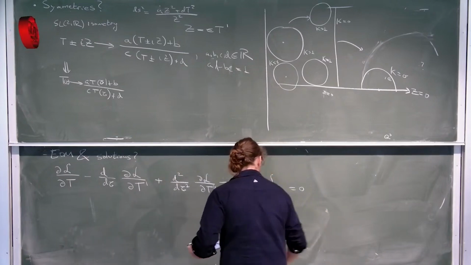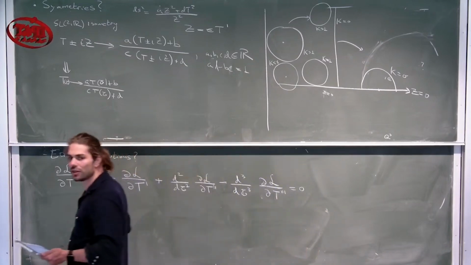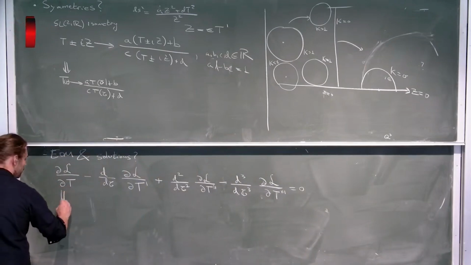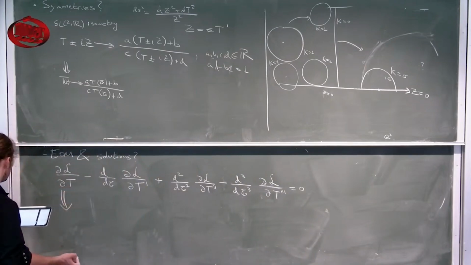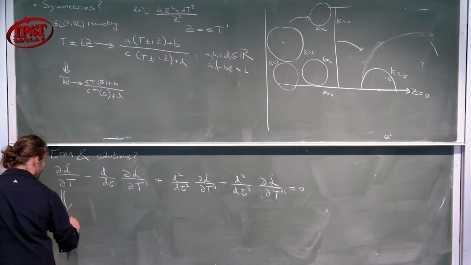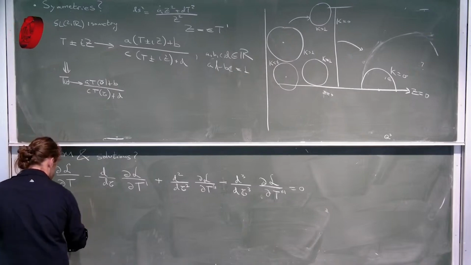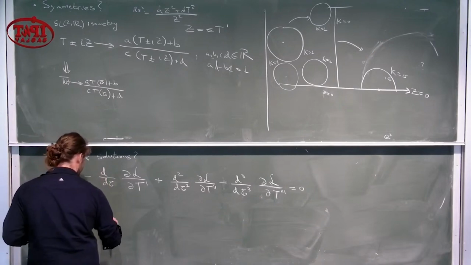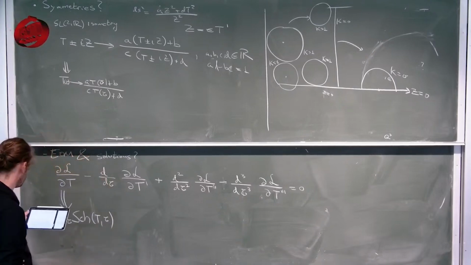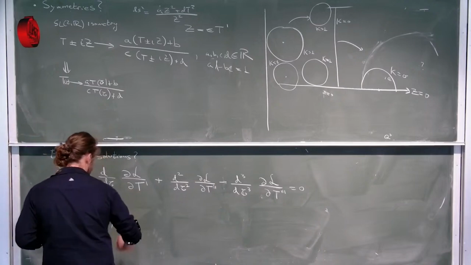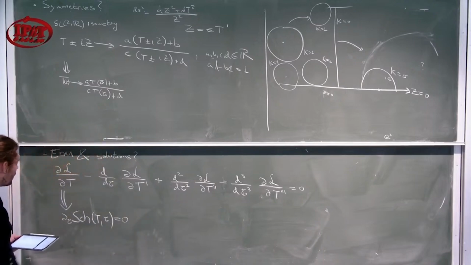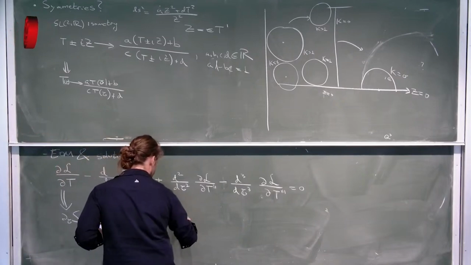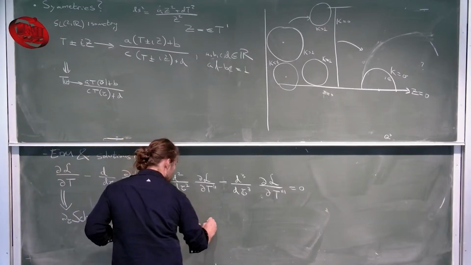One can write the resulting equation of motion in a very compact form. Namely, it can be rewritten just as the derivative of the Schwarzian of t with respect to tau equals 0, which means that the Schwarzian itself is a constant.